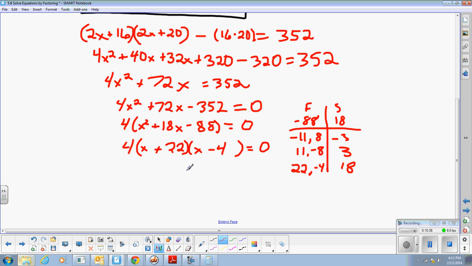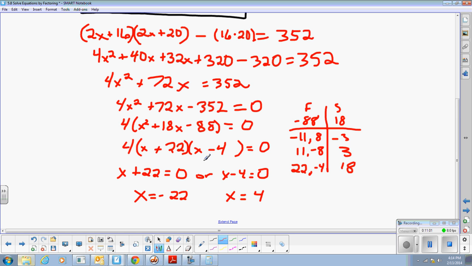So now, how do I solve? The 4, I pay no attention to, and I say that x plus 22 equals 0, or x minus 4 equals 0. Well, x equals negative 22, or x equals 4.